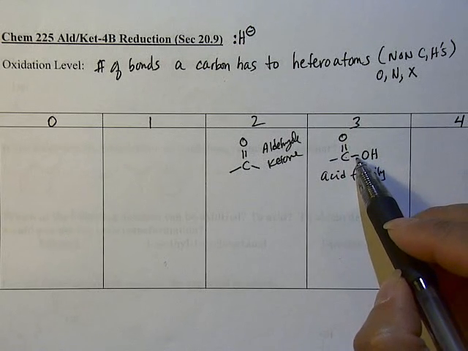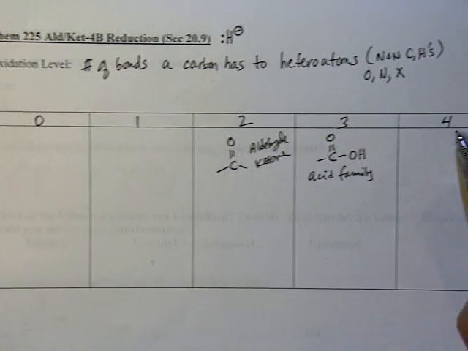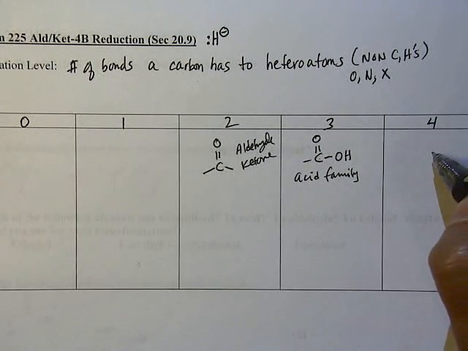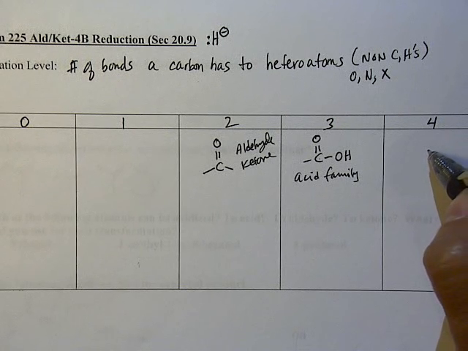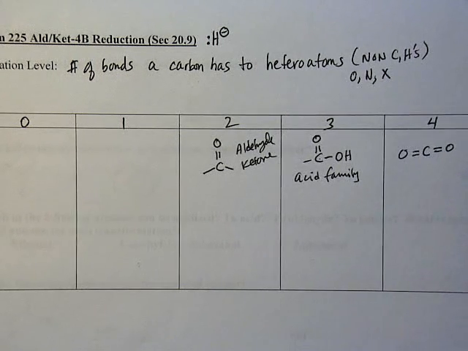This carbon with 3 bonds to heteroatoms is oxidation level 3. The highest the carbon could be is oxidation level 4, because obviously carbon could only have 4 bonds. So for example, carbon dioxide is an example of oxidation level 4.